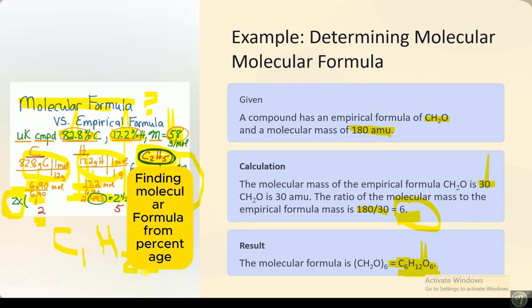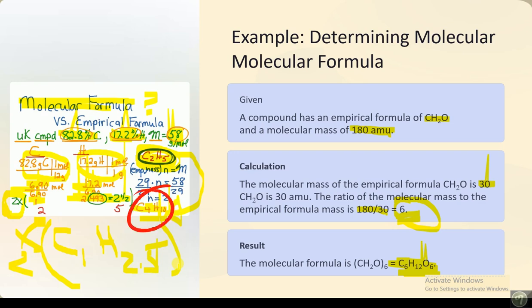So C2H5 times 2 is C4H10. So the molecular formula is C4H10.